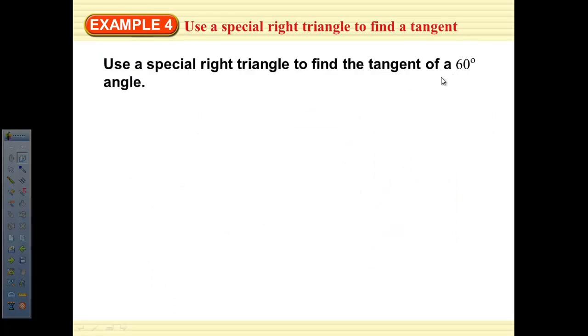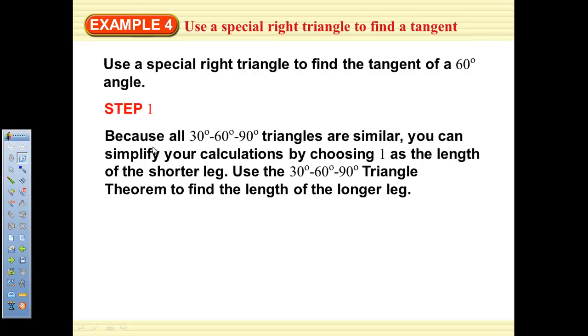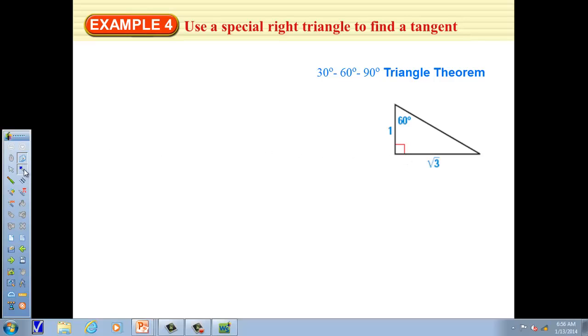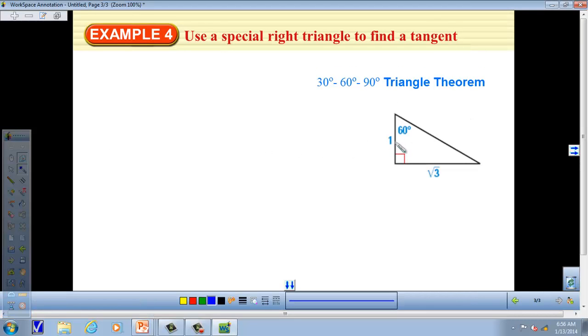Now we're going to find the tangent of a 60-degree angle. In this case, I'm going to show you what they do. We know that in a 60-degree triangle, we could say that this is 1 and this is square root of 3.